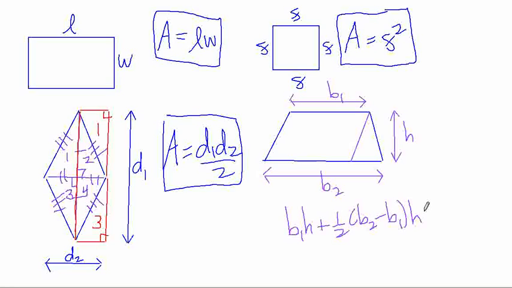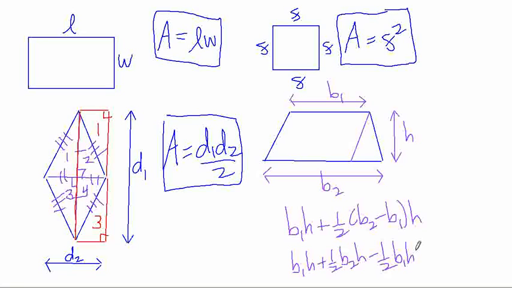All right, and now let's simplify that equation. And so we get B1h plus 1/2 B2h minus 1/2 B1h.